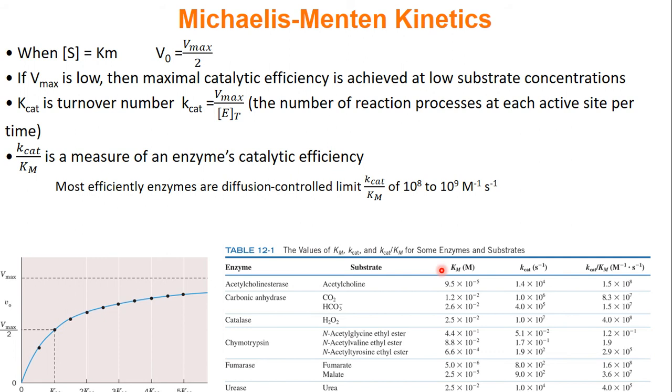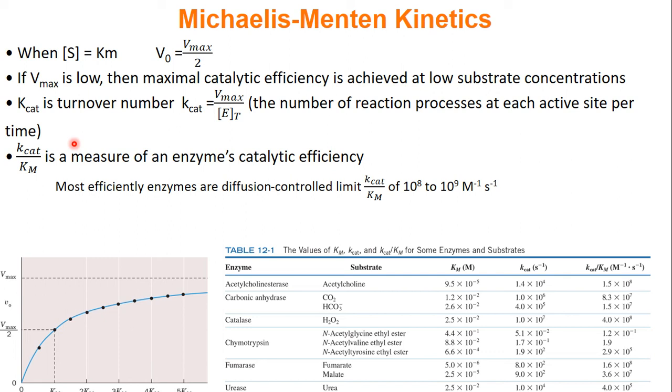The smaller the Km, the easier it is for me to go to Vmax, so I really bind my substrate and really want to do catalysis on it. Sorry, that's supposed to be: if Km is low, then maximum catalytic efficiency is achieved at low substrate concentration. So that's supposed to be Km right there.